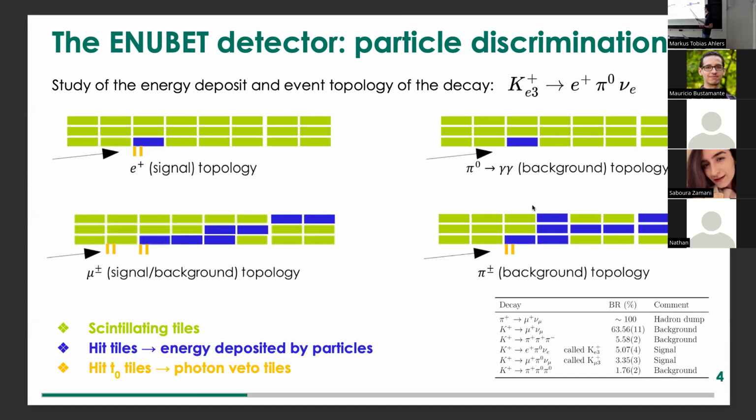A charged pion has a much higher energy deposition, and the number of hit tiles or channels is much larger. The pi zero, or the two gammas, which are neutral particles, have the same shape as our signal, our positrons. So with the two layers without the iron in between, we can discriminate the charged particles from the neutral ones.